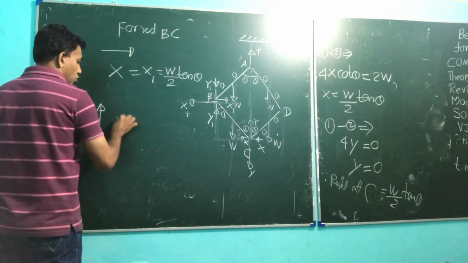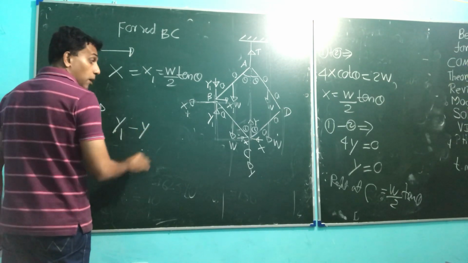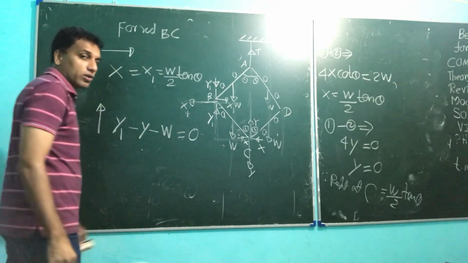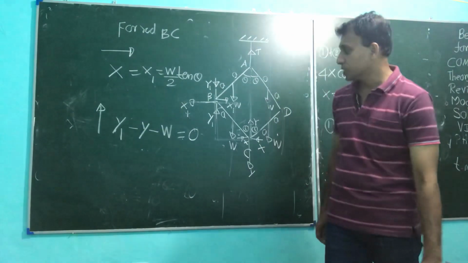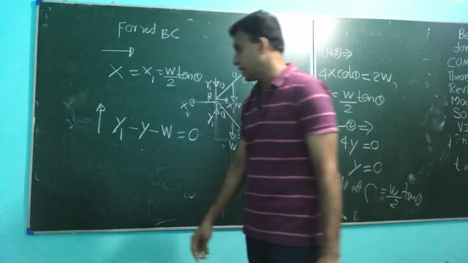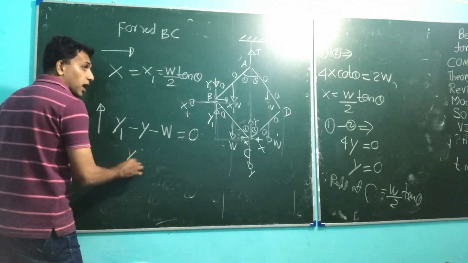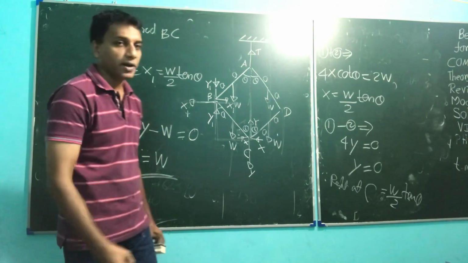Therefore y1 up minus y, minus W. Don't miss the W, equal to 0. Y1 up, y down, W down equals 0. You know y is 0, so the y1 answer is W.